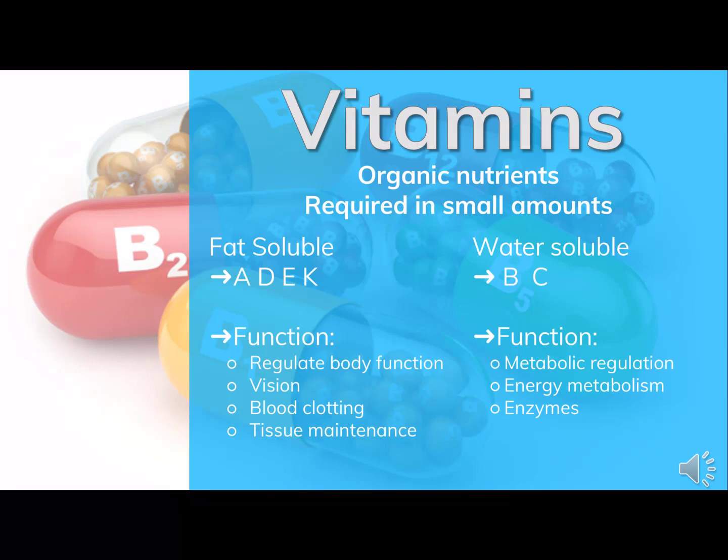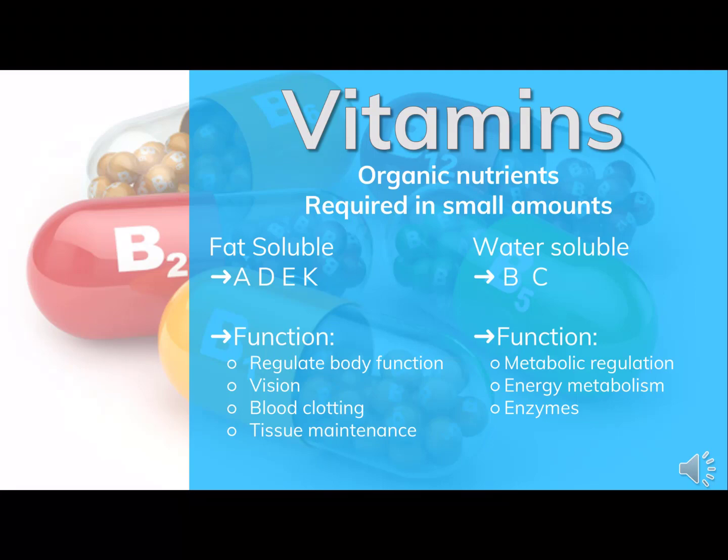And water soluble are actually peed out. That's why, just like in humans, when you drink an energy drink and you've got greenish, bluish pee, you're peeing out any of that vitamin B that your body couldn't use. And so it's really hard for an animal to have toxic levels of a water soluble vitamin, whereas sometimes we can see toxic levels of fat soluble vitamins, so we have to be a little careful with those.